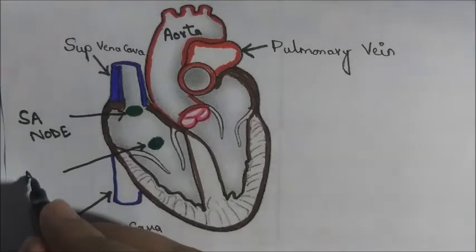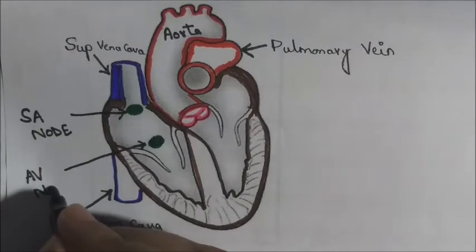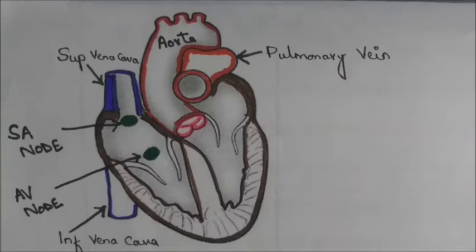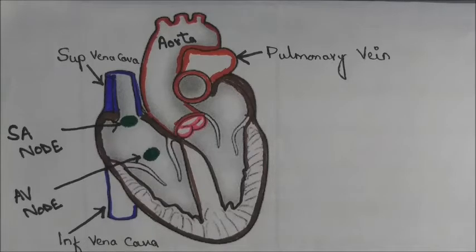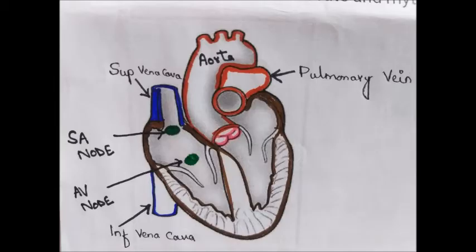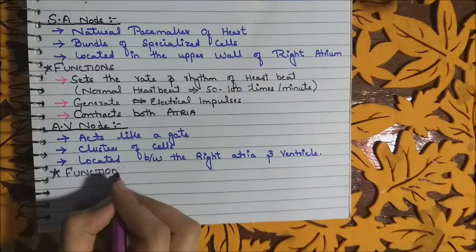It acts like a gate, and the impulses which are generated from the SA node move towards the AV node, where they slow down, ensuring the complete contraction of the atria so that the blood in both atria moves into the ventricles and the ventricles are filled properly.